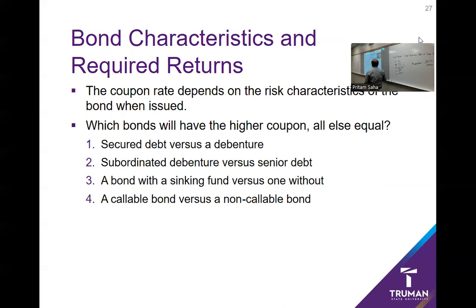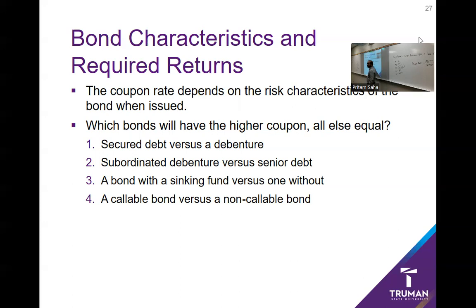From problem one, what do you think? Which one is more risky? Secured or debenture? Debenture, because it's not backed by collateral, right? So out of these two, debenture should earn more returns.